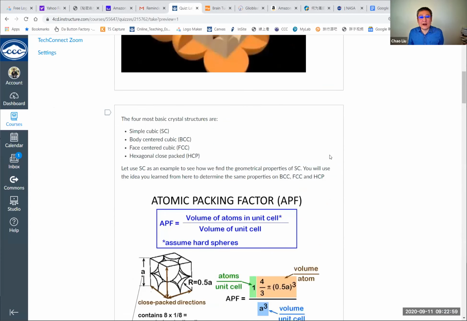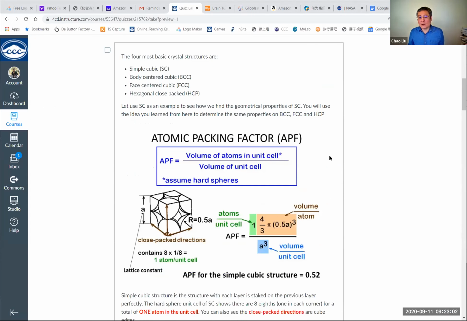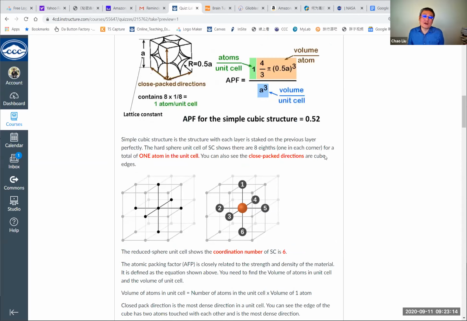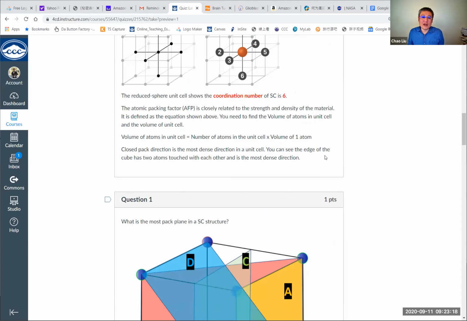After the information, I will ask you to do something, and then you have to either choose the right answer, enter the right answer, or submit a file. Most of them, you're going to submit a file to show your work. So you can take a picture of your work, and then you submit how you got those answers, and then you're fine.